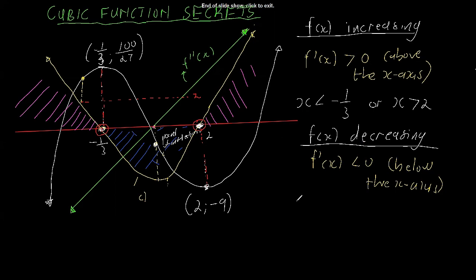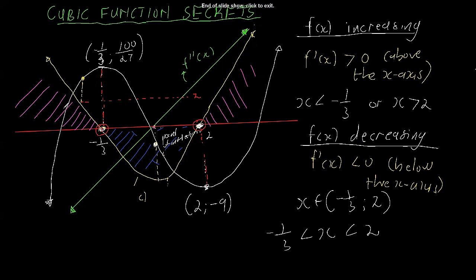So in writing that, we'll say when x is an element of starting from the local maximum point all the way to the local minimum point. So x element of -1/3 to +2. Or you can write it in this notation, which is x greater than -1/3, but x less than +2.